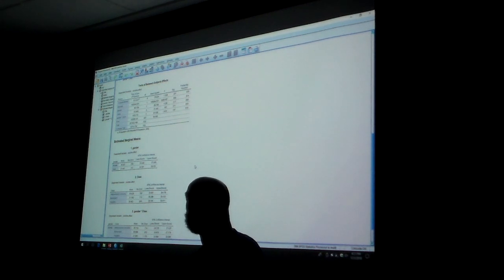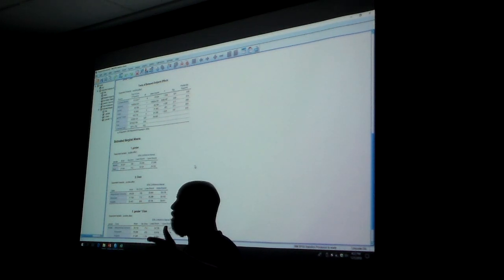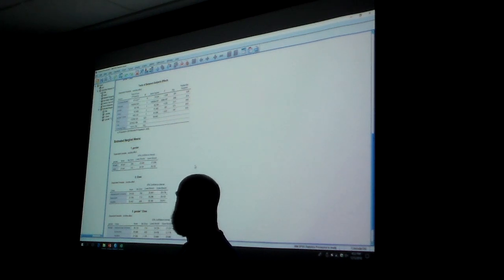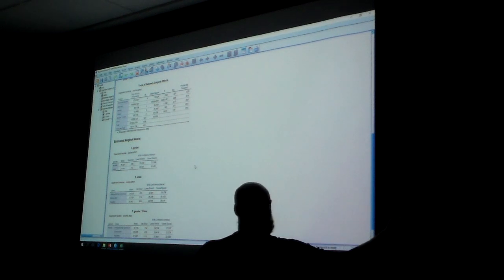I also don't have a main effect of class. So collapsing across gender, it looks like my negative profile, my benevolent profile, and my interpersonal profile aren't differing in terms of positive affect. And it looks like there's no interaction effect going on here. So in terms of my hypotheses, what do I do from here?